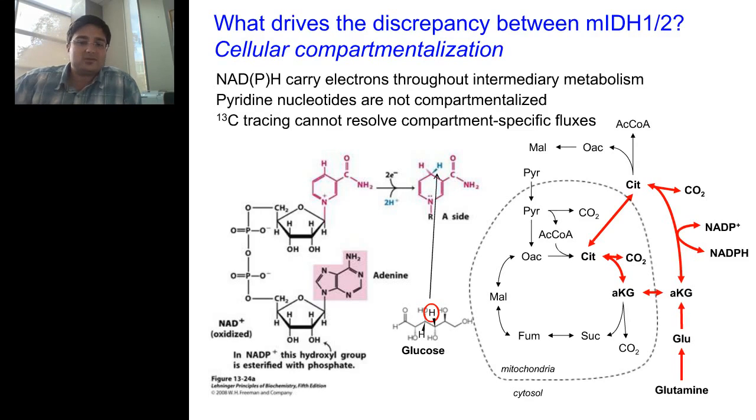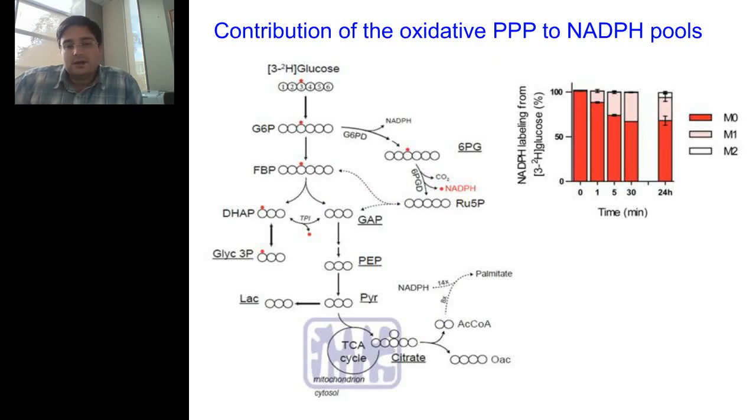And in fact, this works fairly well. So in collaboration with Matt Vander Heiden and Caroline Lewis at MIT, we've developed some methods to study NADPH metabolism in the mitochondria and cytosol specifically. So one of the critical pathways for producing NADPH in cells is the oxidative pentose phosphate pathway.